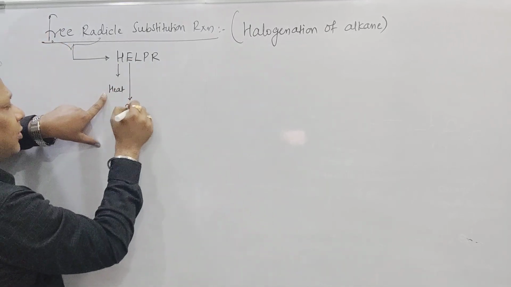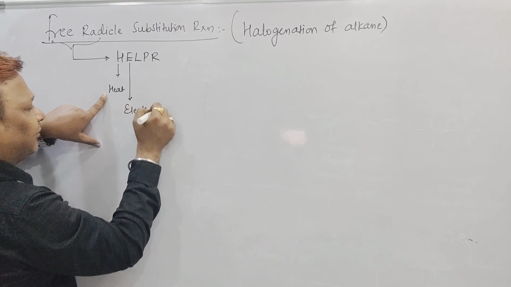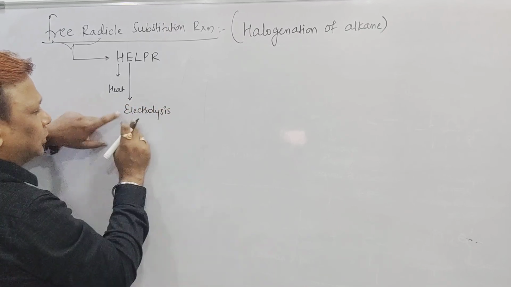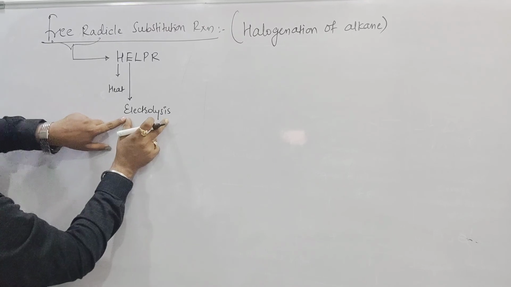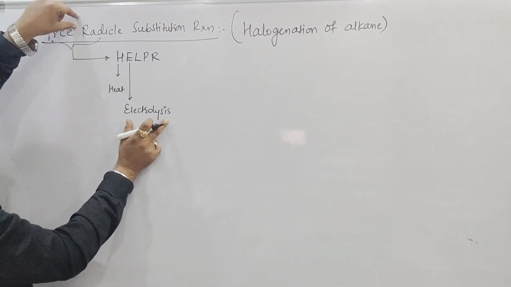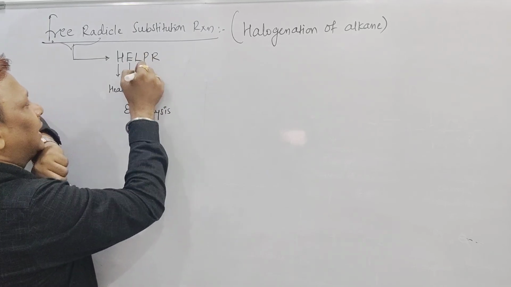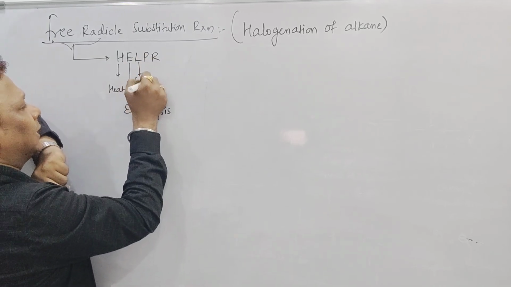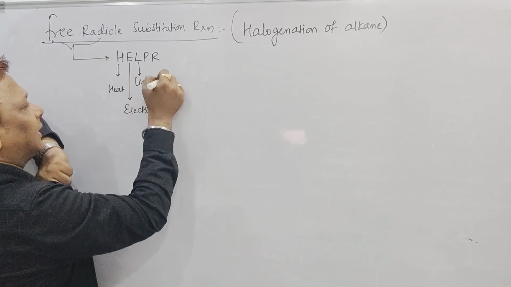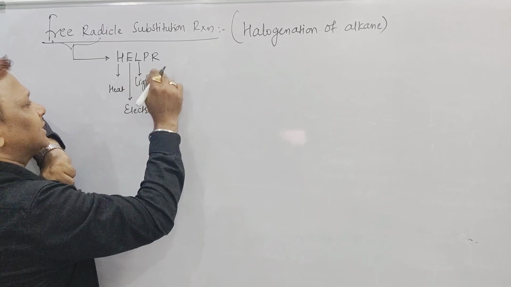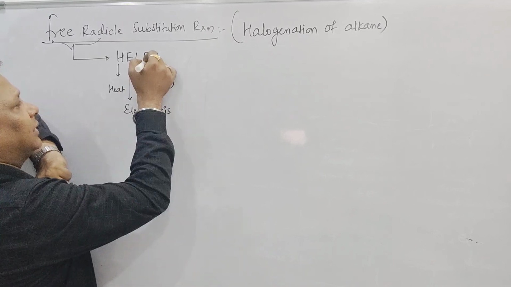E stands for electrolysis. Whenever you are performing any electrolysis reaction, think that you are going to form the FR and the mechanism goes through the FR mechanism. L stands for light. In presence of sunlight, like h nu, wherever that is there, it will go through the FR.